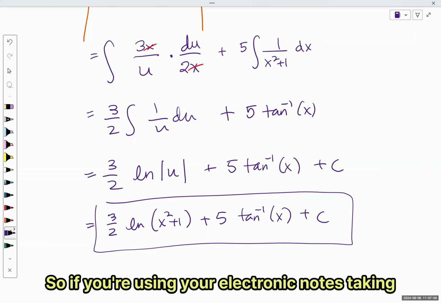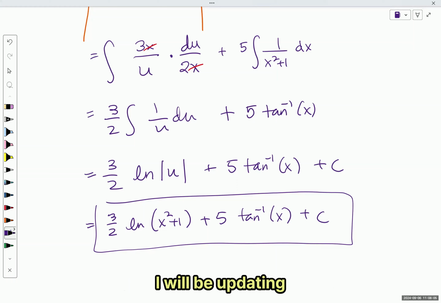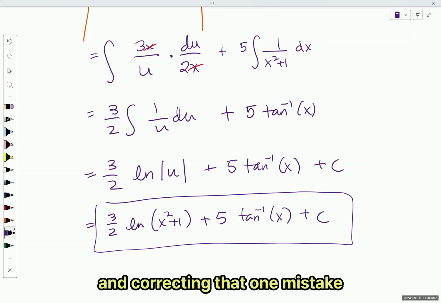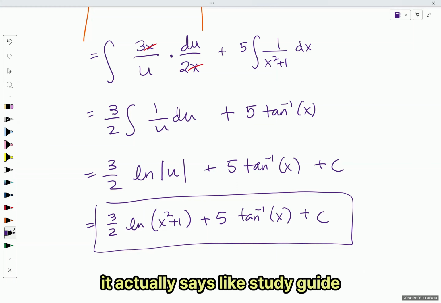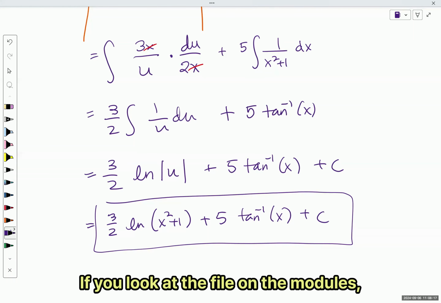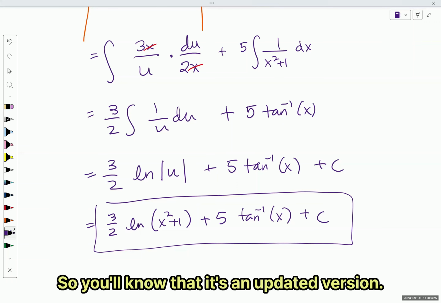So if you're using your electronic note taking, you can download it if you want to. I will be updating and correcting that 1 mistake and reposting it. Currently, on Canvas it says study guide, parentheses, error in answers. You'll see that if you look at the file in the modules. When I correct it, I'll take that error message off, so you'll know that it's an updated version.